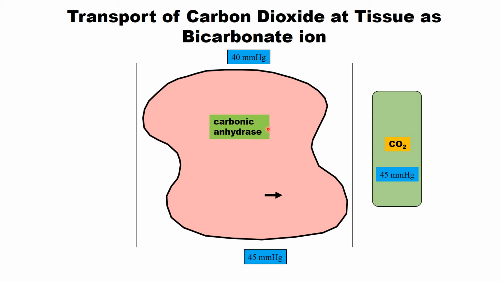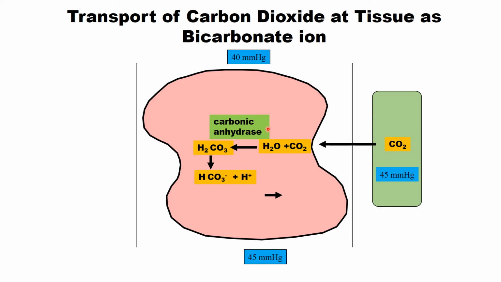So whenever carbon dioxide is produced in the tissue cell by metabolism, it diffuses to the RBC and, in combination with water, forms carbonic acid within a fraction of a second. Then within another fraction of a second, this carbonic acid formed in the RBC dissociates into hydrogen ion and bicarbonate ion.